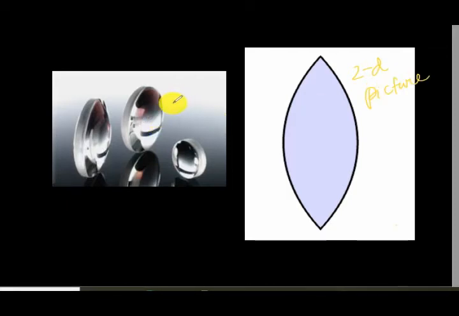But when we see it in real, it is 3D, three-dimensional. So your convex lens is of this form. I hope everyone understood how it is formed and how it looks. Then we are going to discuss many things about this convex and concave lens.